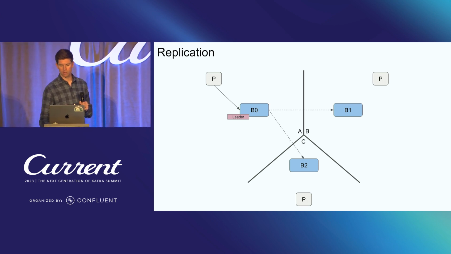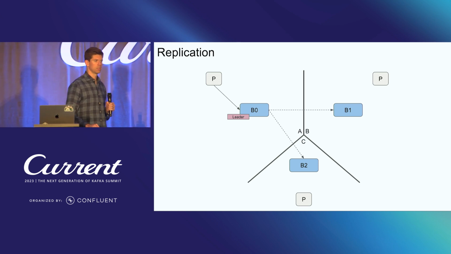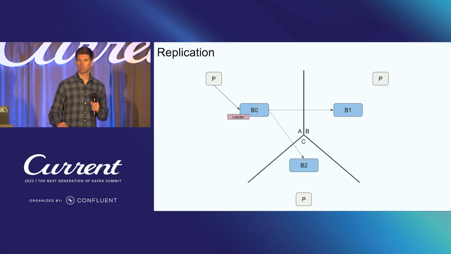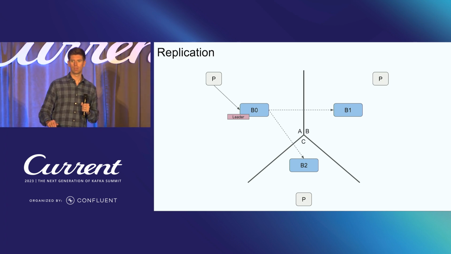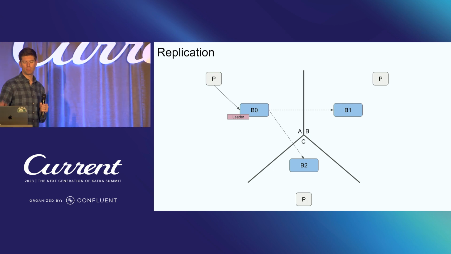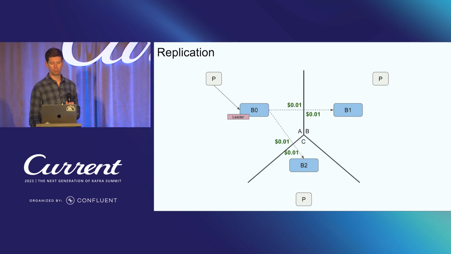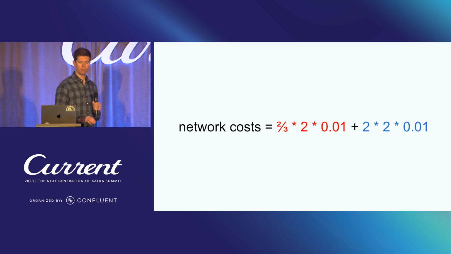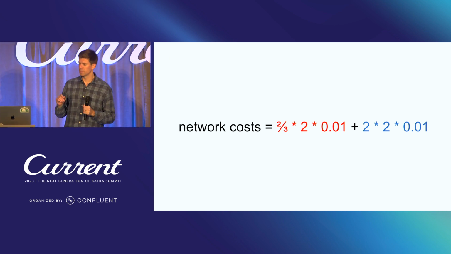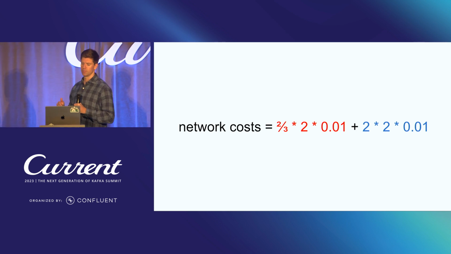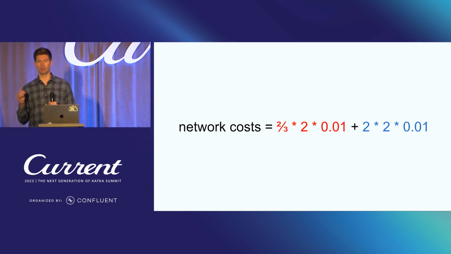How much is this going to cost us? 4, that's right. Same thing: every time we cross a line, it's going to go across. So this is 2/3 times 2 times 1 cent, plus 2 times 2 times 1 cent.